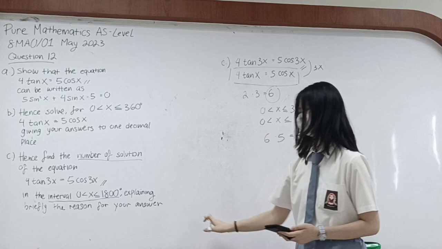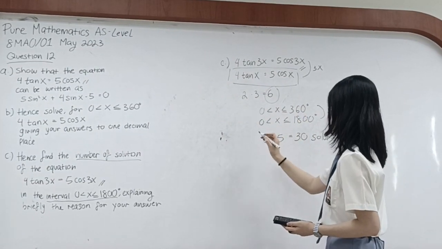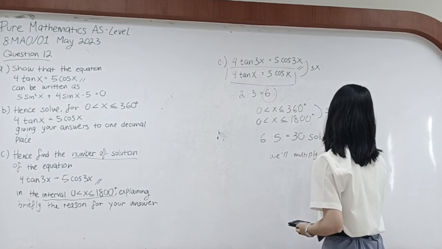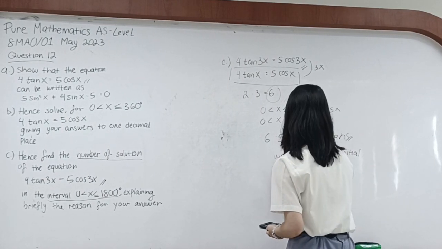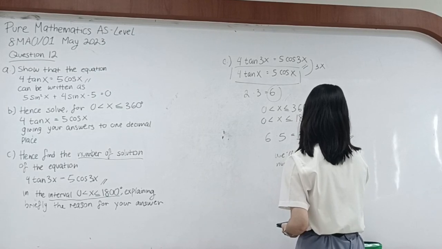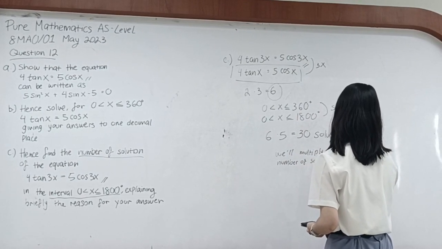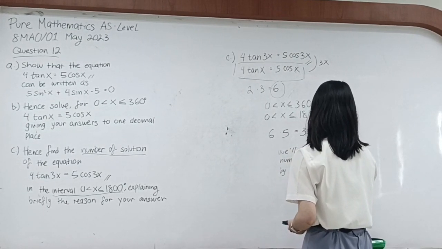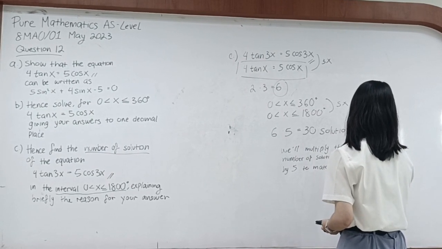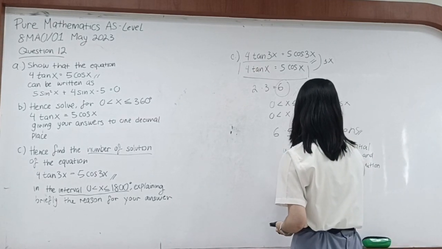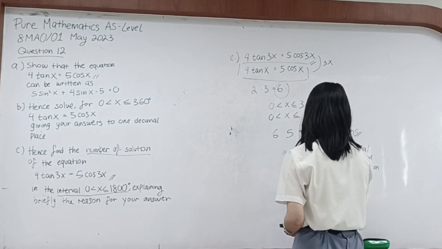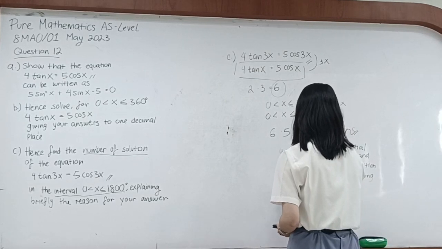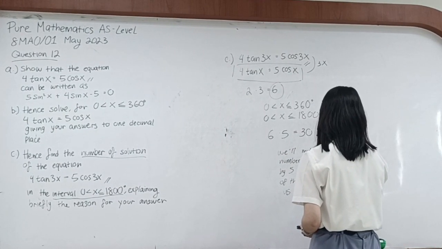And as for the explanation, it's basically everything that I've just said. You can just say we will multiply the initial number of solutions by 3 and by 5 to match the new conditions of the question, hence giving us a total of 30 solutions.